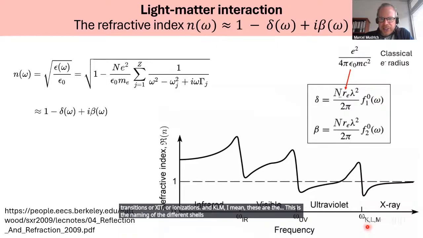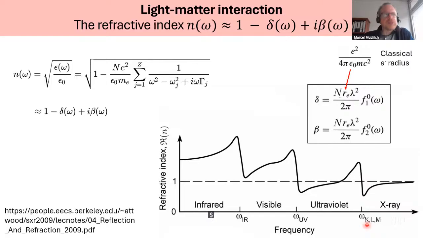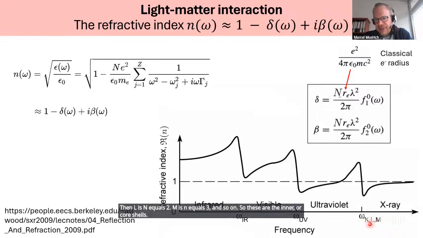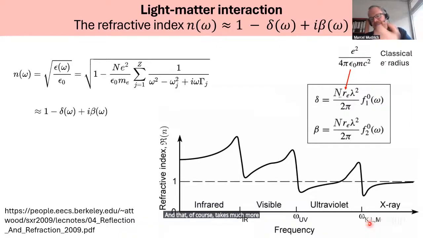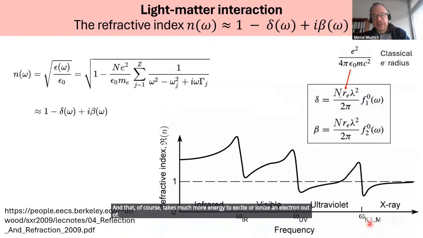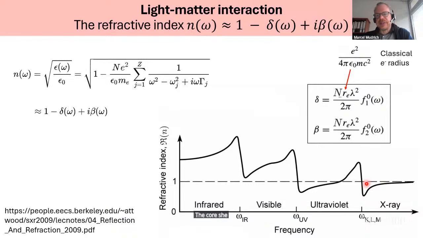The K shell is the innermost one, the n equals 1 shell, which is the 1s shell. Then L is n equals 2, M is n equals 3, and so on. These are the inner or core shells, and of course it takes much more energy to excite or ionize an electron out of the core shell. So this is in the X-ray range.